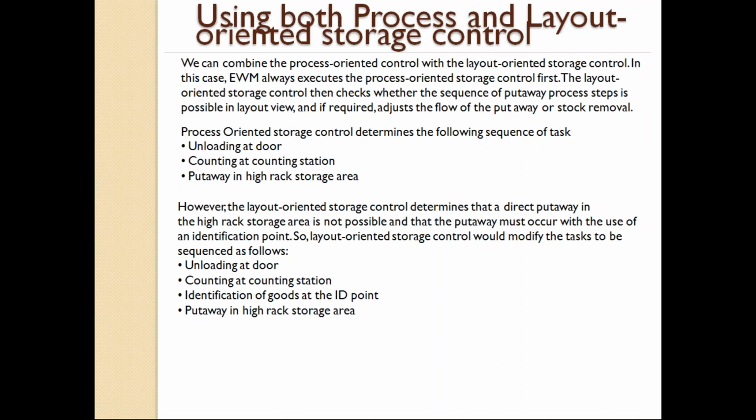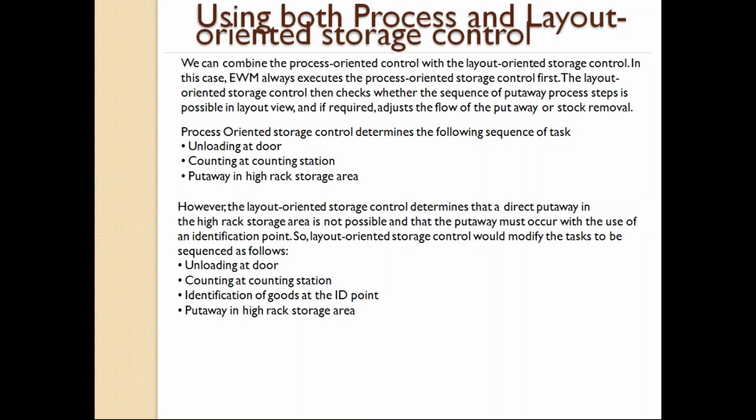So first, the system always looks for process oriented, and to achieve that process oriented flow, it looks into what the layout constraints are. This is logical, right? Because if I look into layout first, I'd say from my GR zone it should go via this, but I'm not going directly from the GR zone to put away bin 8001 or 2.